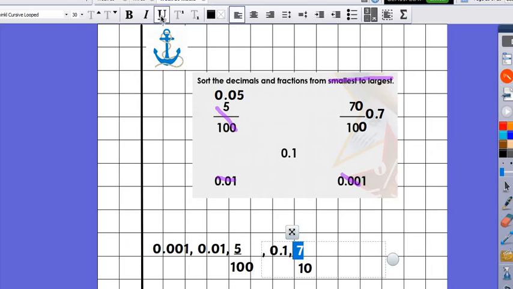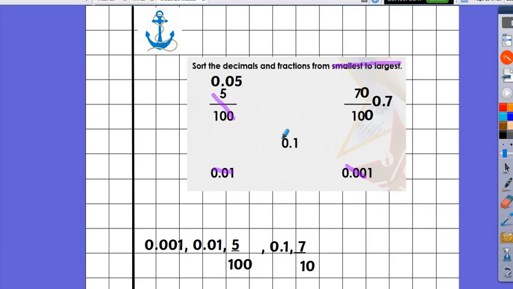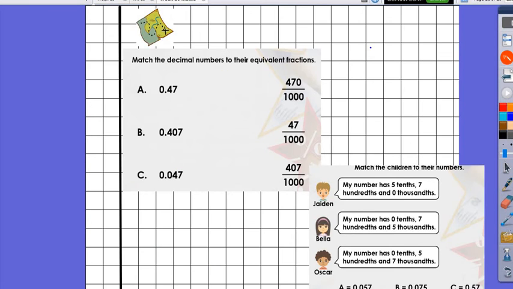So 7 over 10, and that is our largest fraction and decimal. 0.001 all the way to 7/10. Remember, cross them out as you use them so you can see that you have used them and not missed any. Just a nice quick check there.